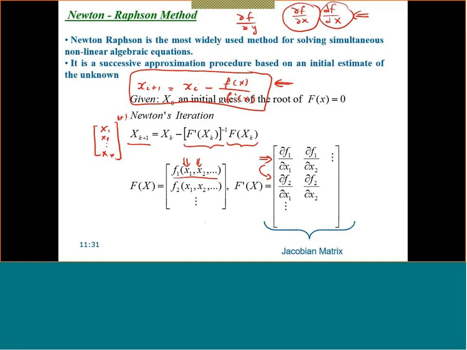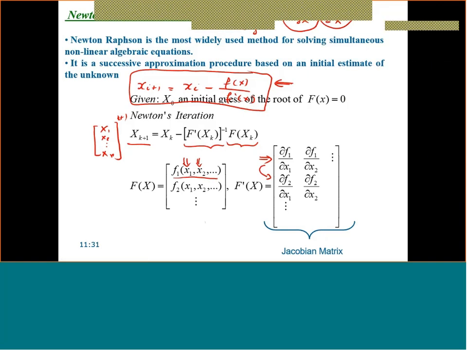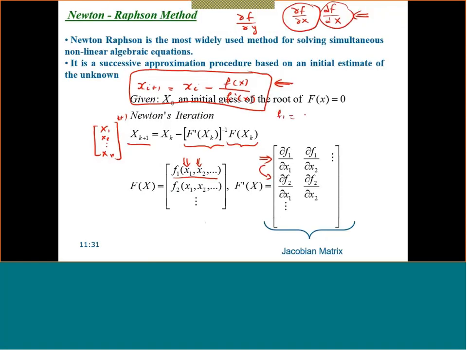A question here says, what if... okay, here I'm having multiple equations. I mean, for example, f1 could be x squared minus 2xy plus z equal to 0.